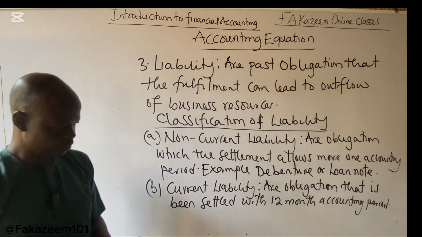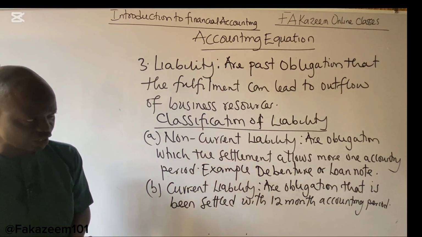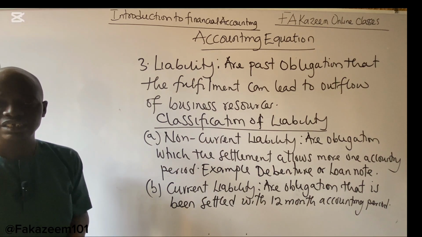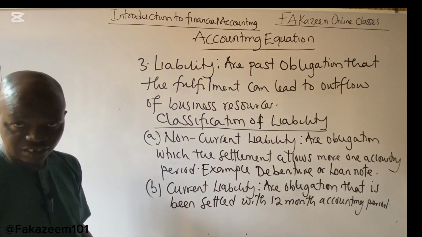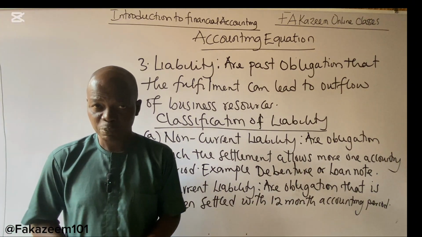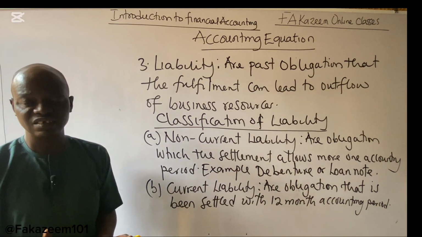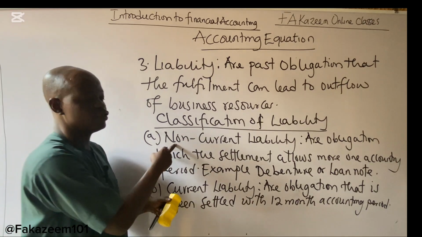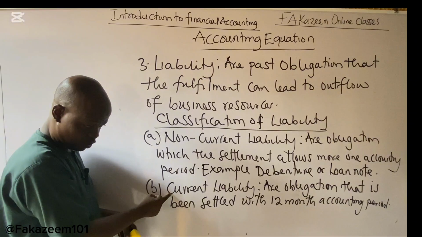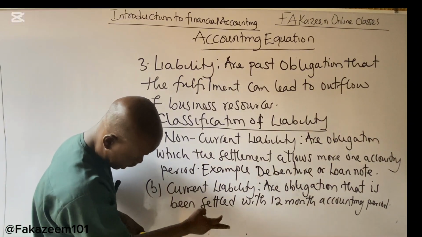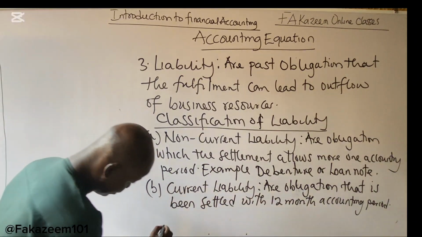And what does this mean? Any money you borrowed and you have to pay back within a 12-month accounting period is known as current liability. But any amount borrowed to be paid back in 5 years, in 4 years, in 10 years is known as non-current liability. While the obligation that must be settled within 12 months is known as current liability.